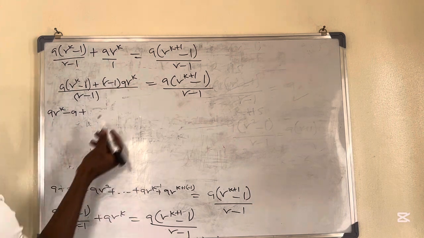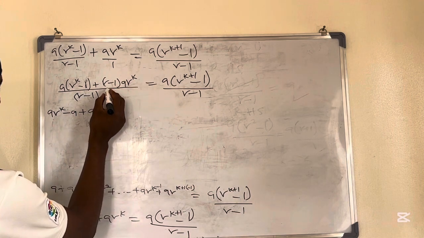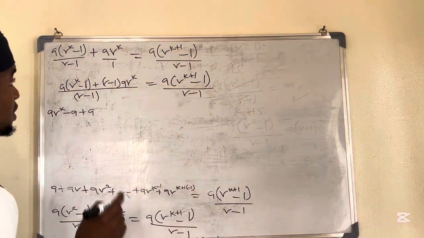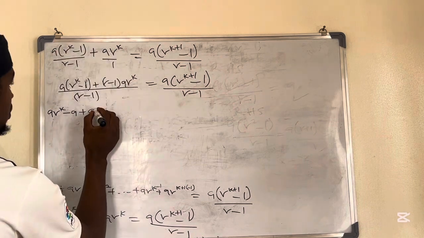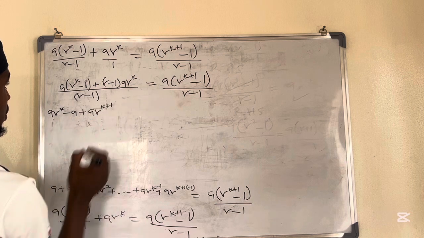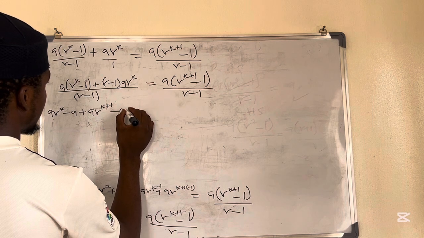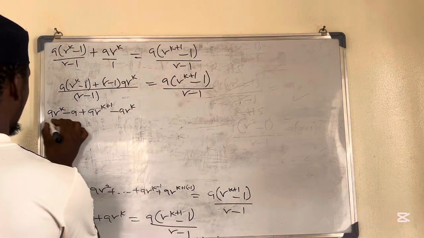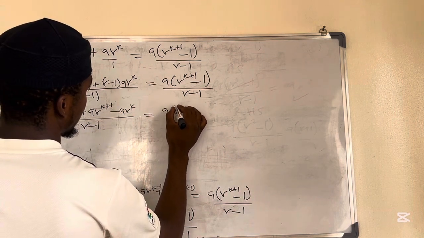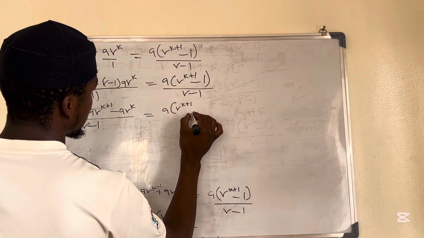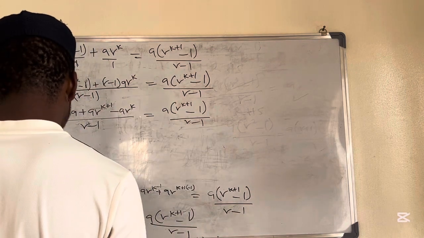Since the bases are the same, we add the powers. So we have r to the power of k plus 1, then minus a r^k, all over r minus 1 on the left hand side, equal to a into r to the power of k plus 1 minus 1, all over r minus 1.